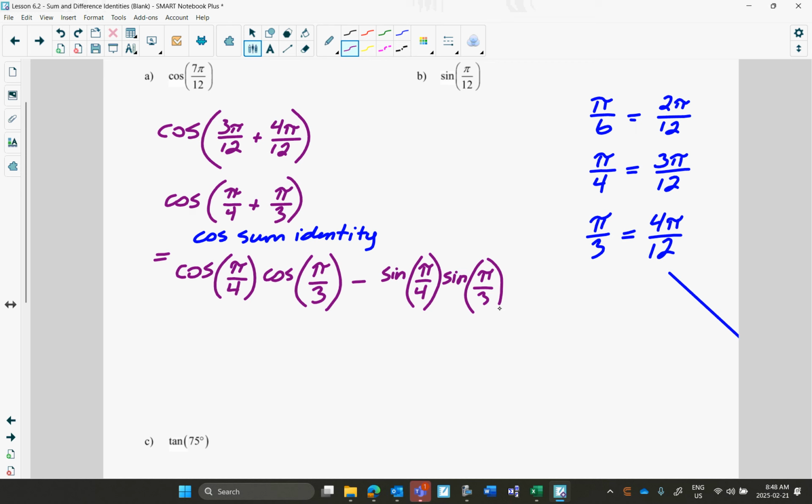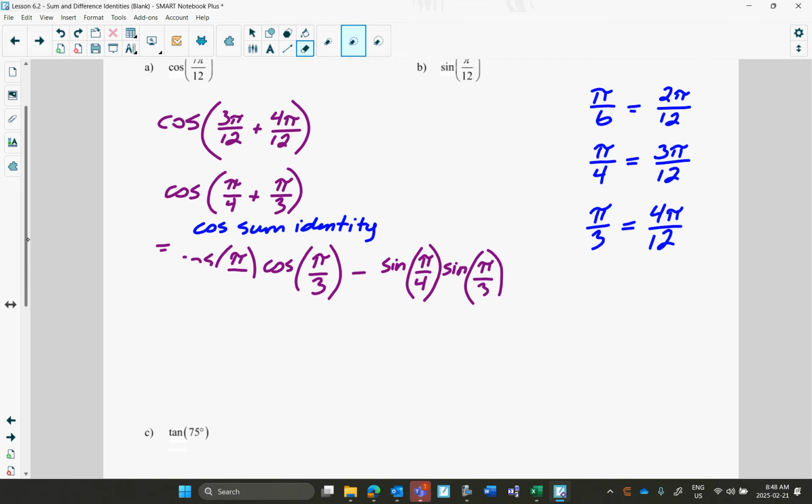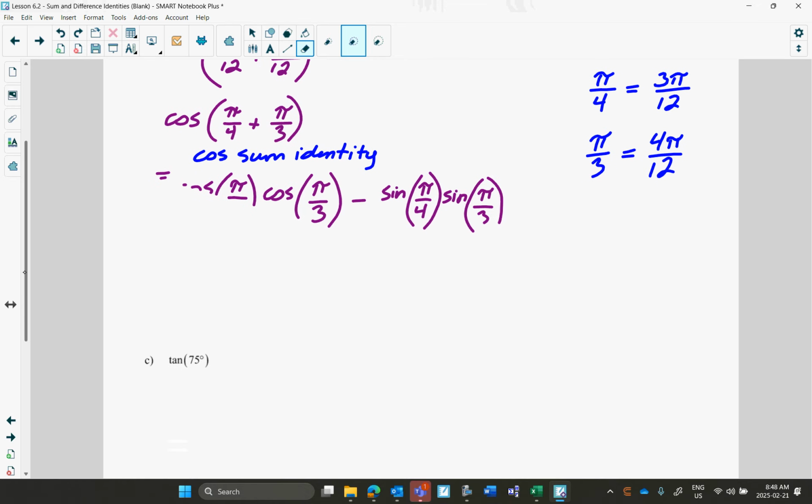Those I know how to do. So notice, to do these kind of questions, you really need to be familiar with your unit circle. What's the cos of pi over 4? Root 2 over 2.